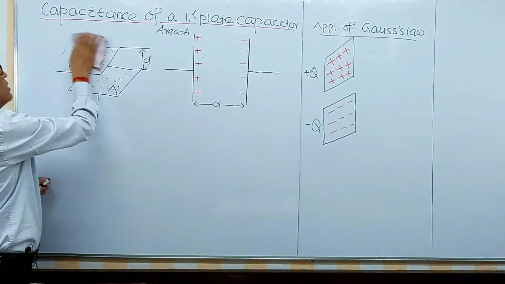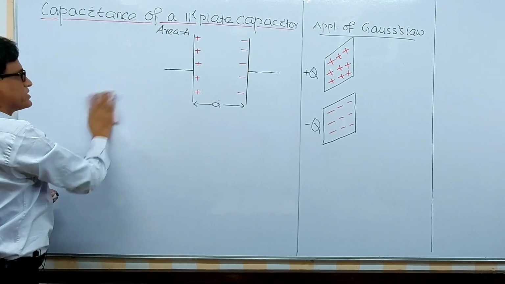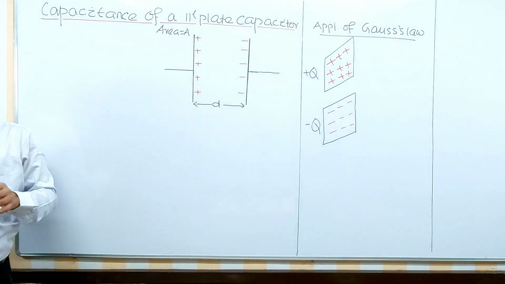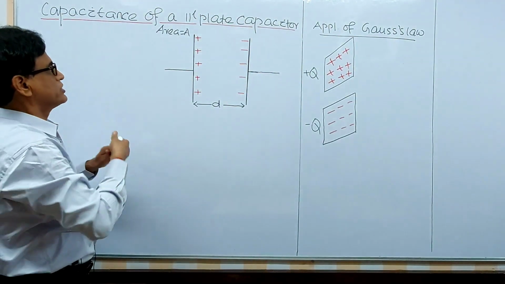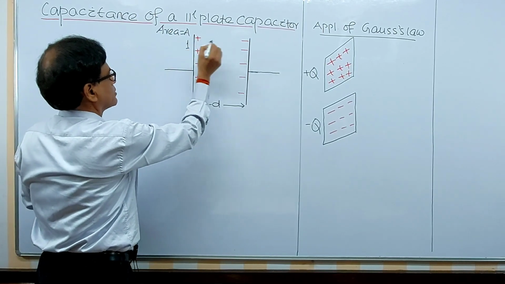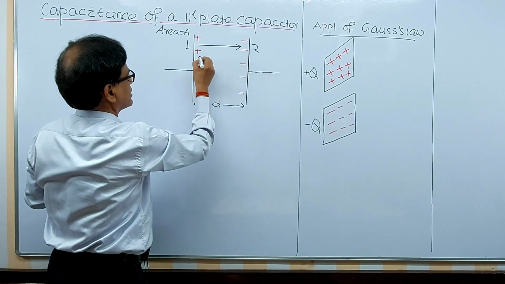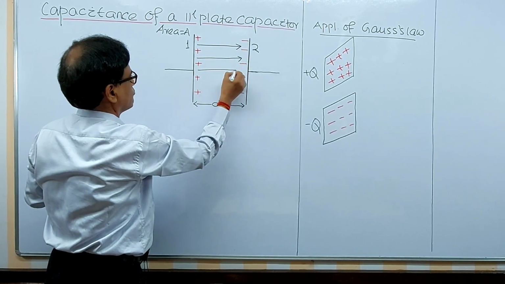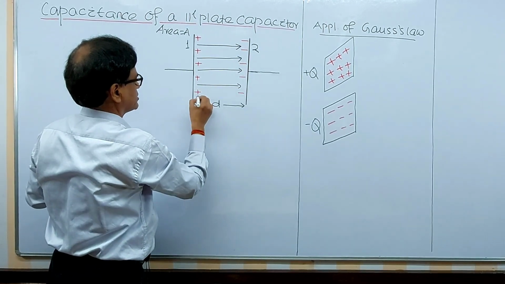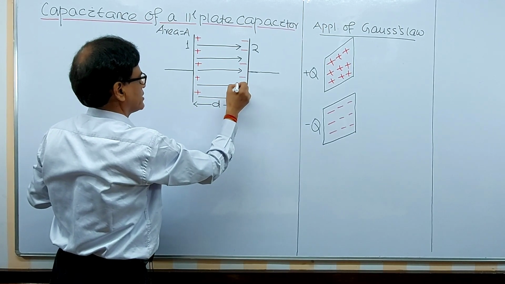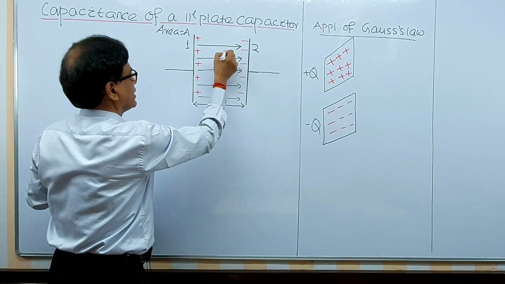Now one plate is positively charged by any means, one plate is negatively charged. This is plate number 1, this is plate number 2, and the electric field is definitely directed in this direction, from plus to minus.